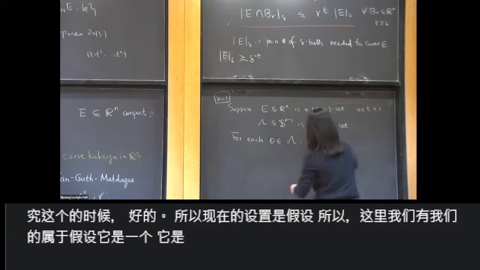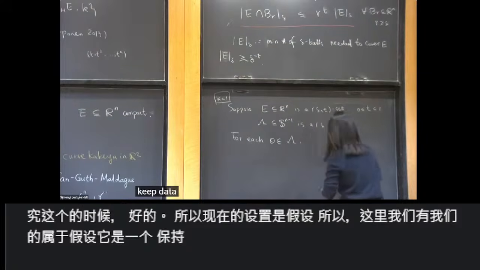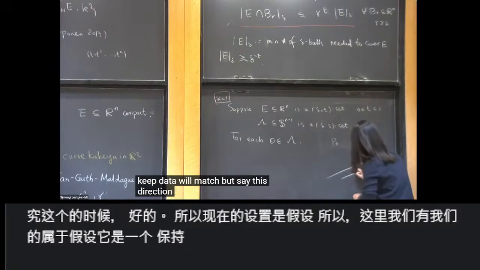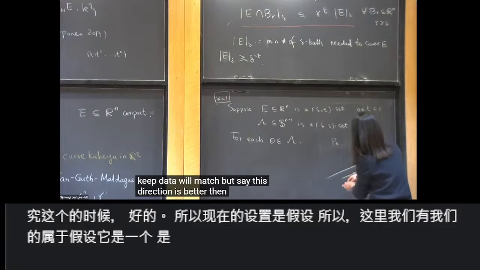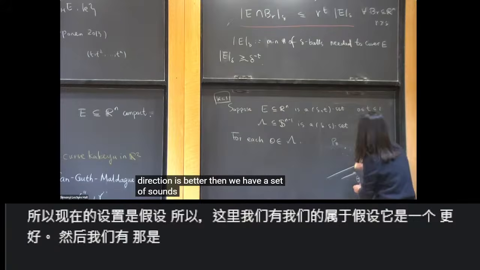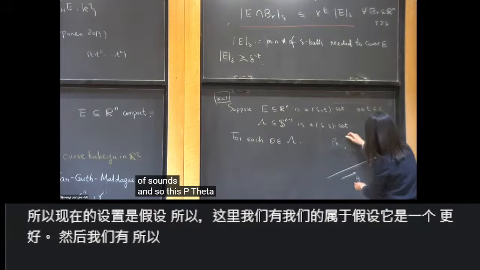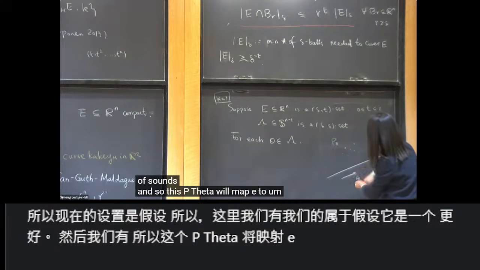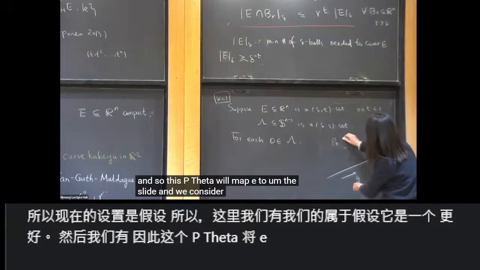the P theta will map, let's say this direction is theta, then we have a set of delta balls, that's our E. And this P theta will map E to this line, and we consider those fibers.